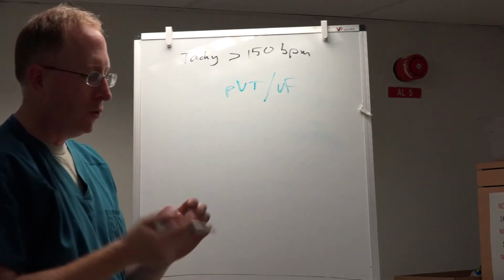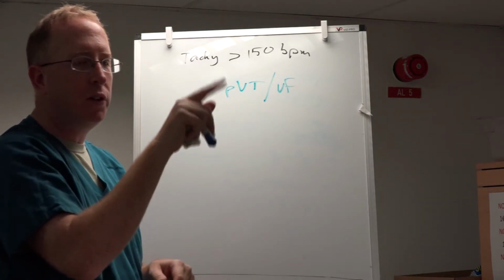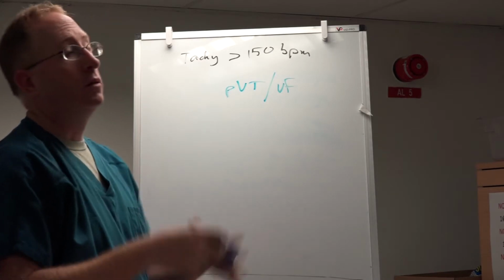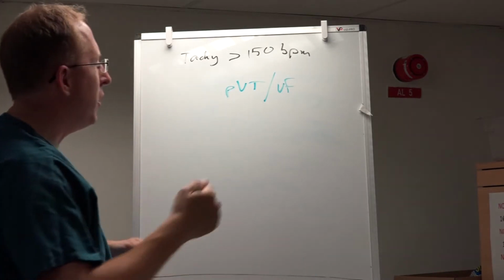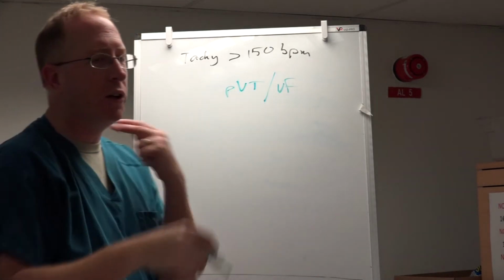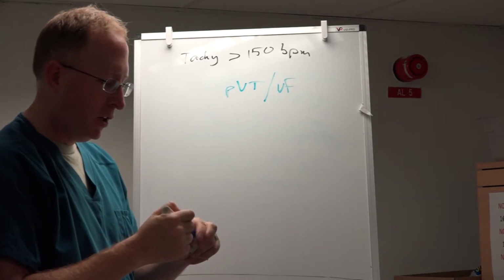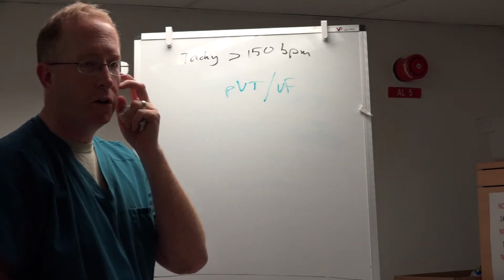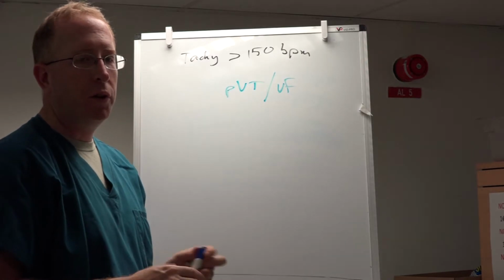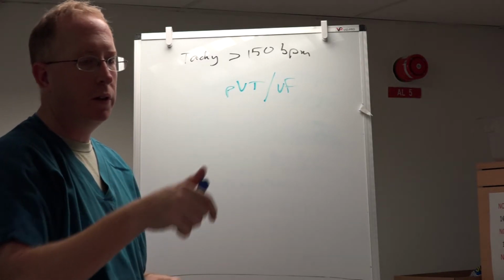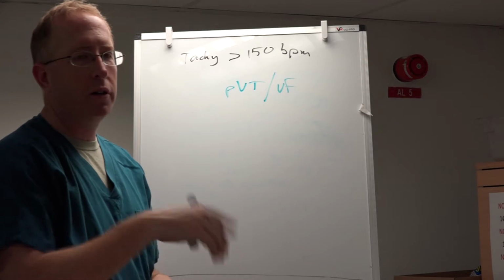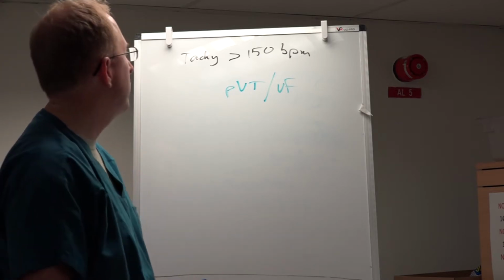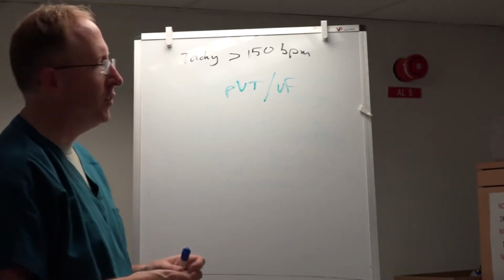So when you look at your algorithms, you'll see PVT/VF. It's basically the same. So if you look on the monitor and it has that wide complex thing and they don't have a pulse, it's CPR, shock, 2 minutes, CPR, and then you reassess, shock, epinephrine, and so forth. So that's your wide complex tachyarrhythmias.